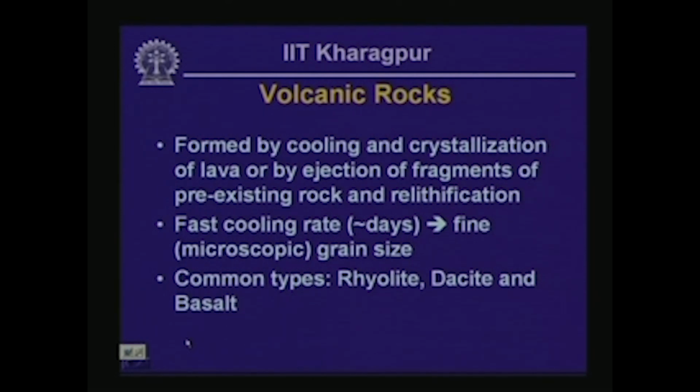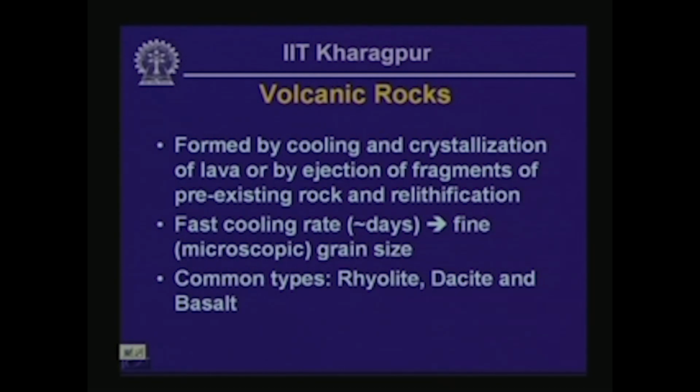Okay. Now, what is volcanic rock? As I indicated, volcanic rock develops because of cooling and crystallization of lava when lava comes to the surface and comes in contact with the cooler atmosphere.